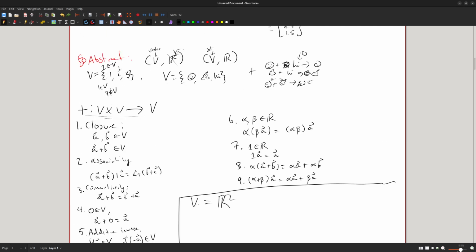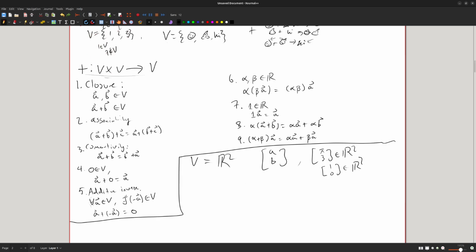What it is, it's the set of all (a, b), where a is a real number and b is a real number. So for example, (pi, 3) is an element of R squared, or (1, 0) is an element of R squared, and so on and so forth. So that is your set. It's a set of all possible objects that look like this.